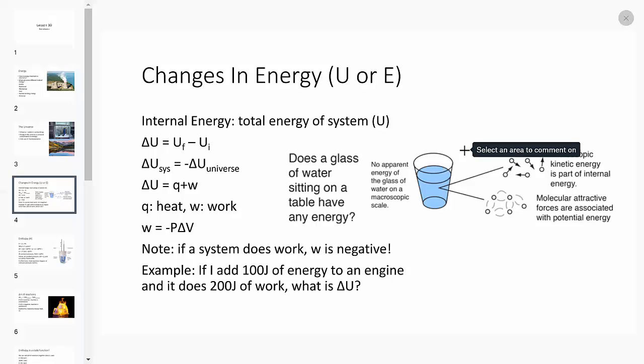Okay. It turns out that it is impossible to actually determine the internal energy of a system, because it's impossible to determine the sum of the kinetic energies and the potential energies of all of the particles in the system. But what we can do is determine the change in energy, the change in internal energy, represented by delta U. Delta means change, which you might have seen in your math classes.